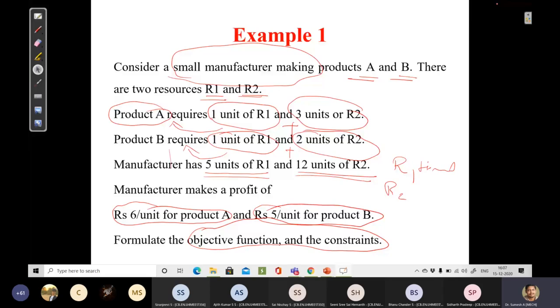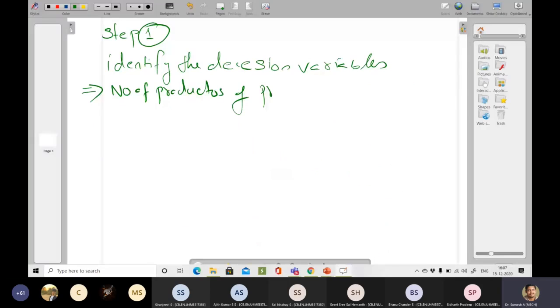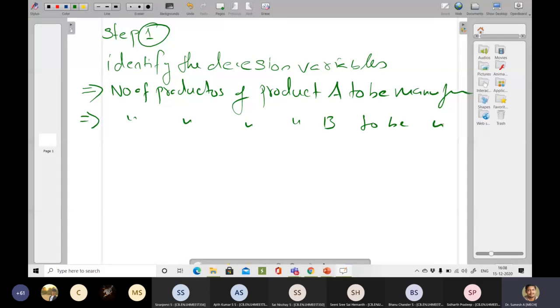So the decision variables: the number of products of product A to be manufactured, that is X1, and the number of products of product B to be manufactured is X2.